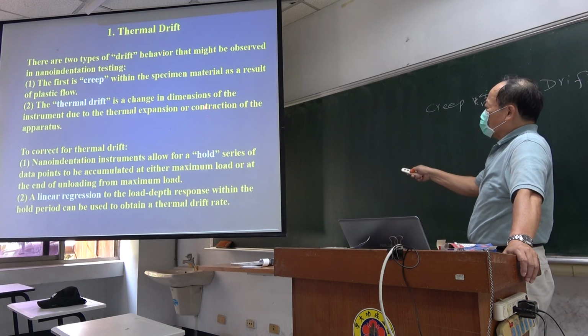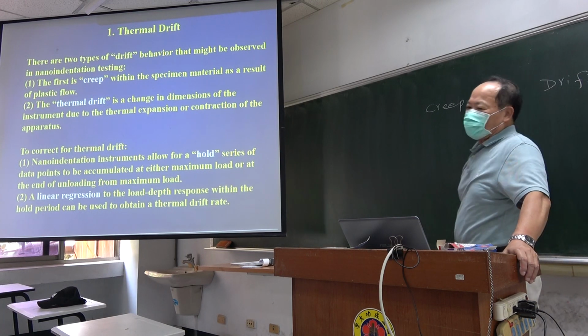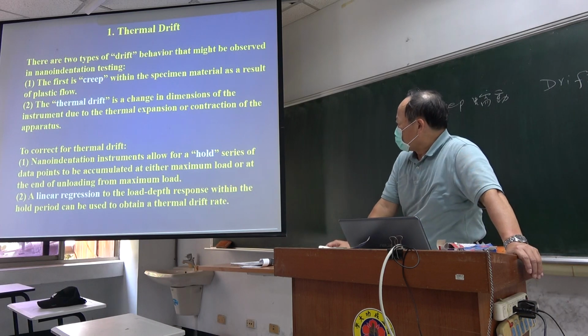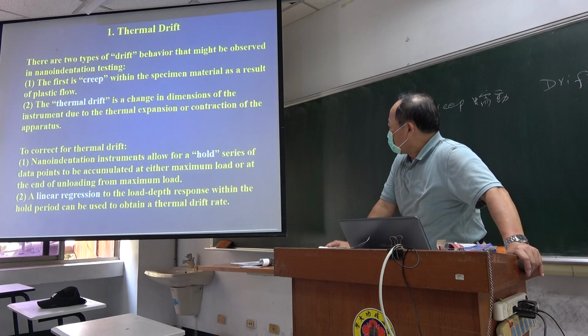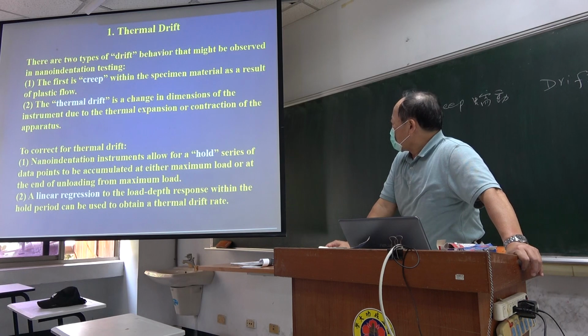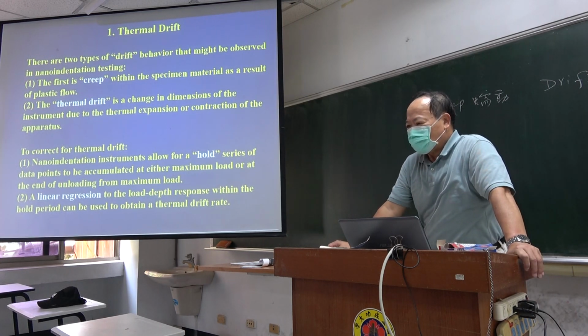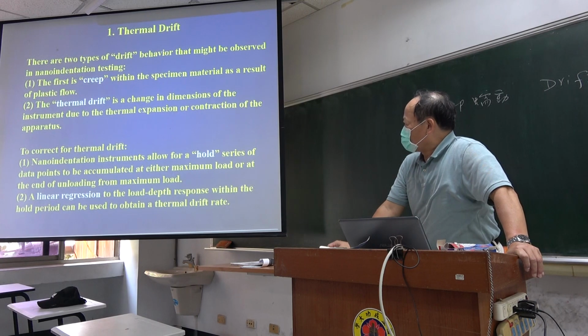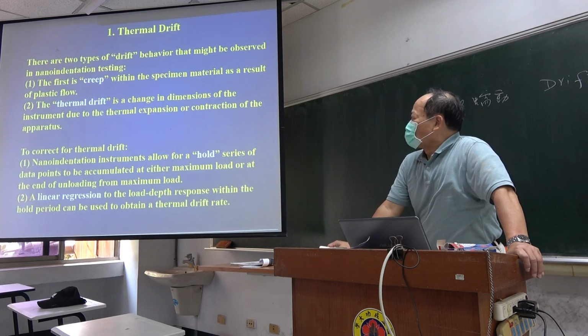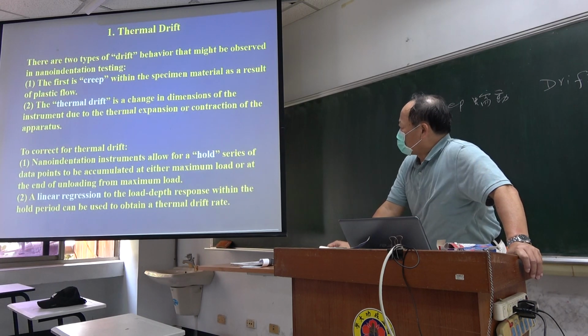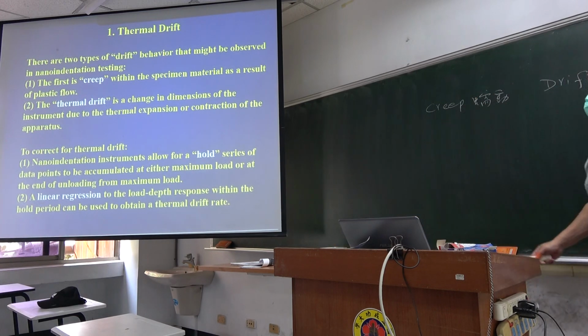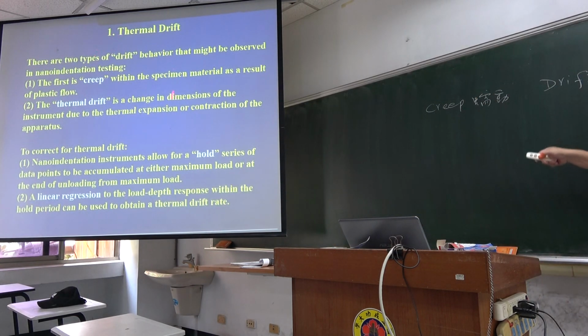If we decrease the temperature, then we have a contraction. 一个伸张，一个收缩。Okay. So the expansion or contraction of the body is also a very small deformation. This small deformation we call the thermal drift. Okay. So in this case, we have the thermal drift behavior.